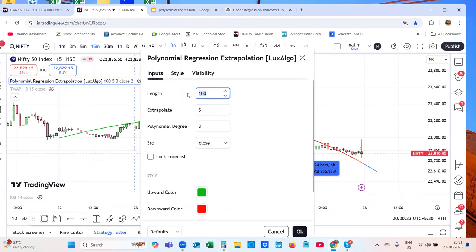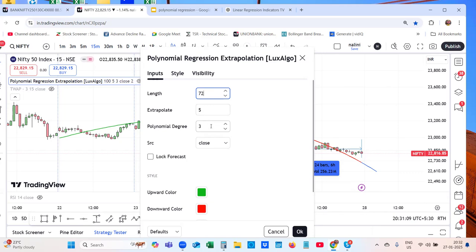Anything between 50 and 100 is good for intraday. And extrapolate means it is extrapolating for another few candles, and it will show you the future price movement. So you can select 5 candles from here, or you can select 10 candles. I have selected 5 candles, and the polynomial degree, I have selected 3. That is enough. 2 or 3 is enough.